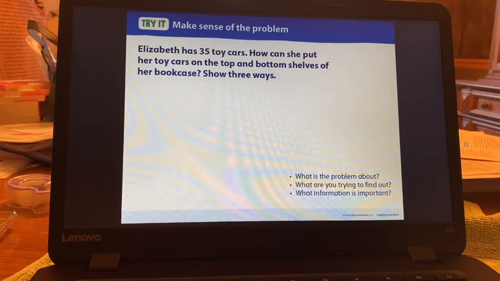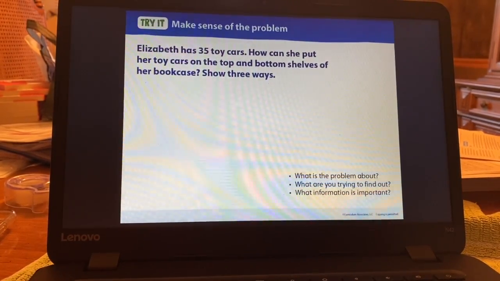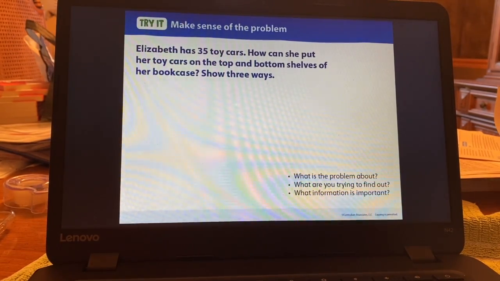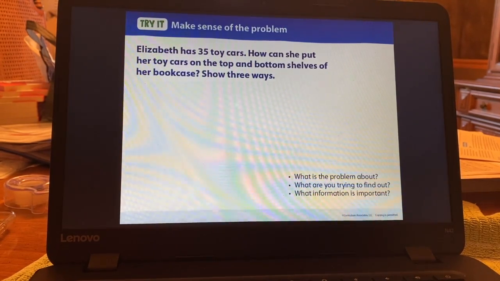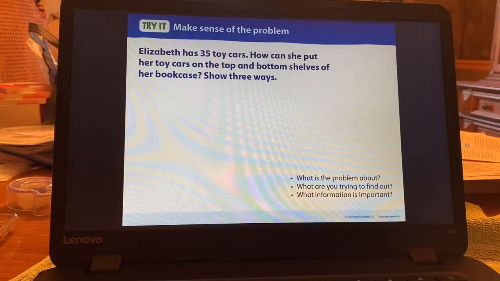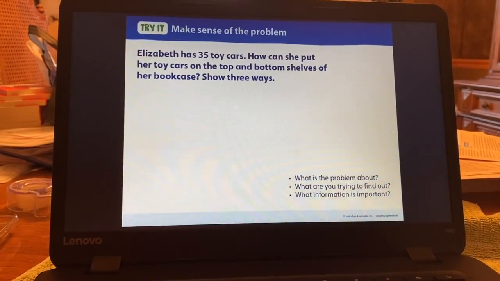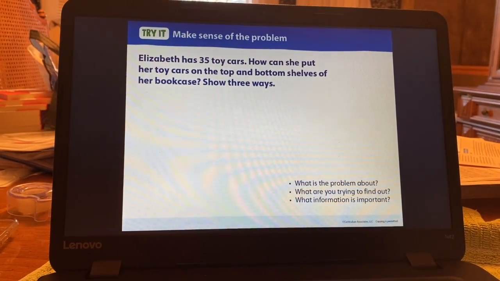And she has to put that number into groups and put them on 2 shelves. So then I asked myself, what am I trying to find out? I'm trying to find out how many cars can go on the top shelf and how many can go on the bottom shelf, and figure out different ways, different groups to do that.